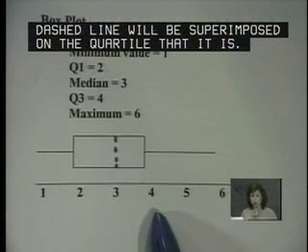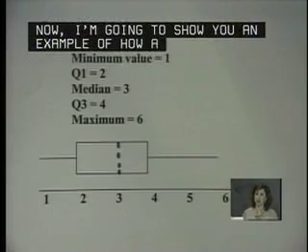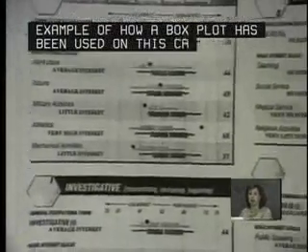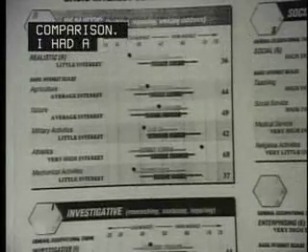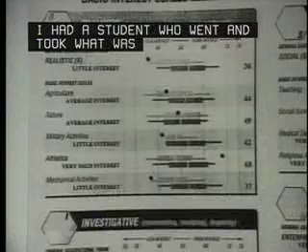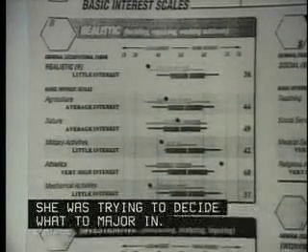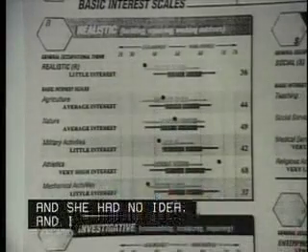All right, now I'm going to show you an example of how a box plot has been used on this campus in comparison. I had a student who went and took what was called one of these interest studies. She was trying to decide what to major in, and she had no idea. And I know you probably can't read this, but I will move this over a little bit.